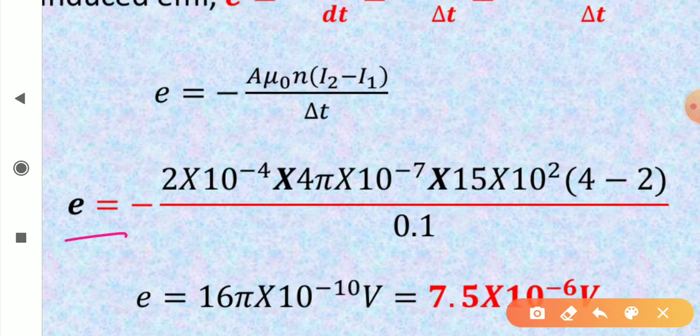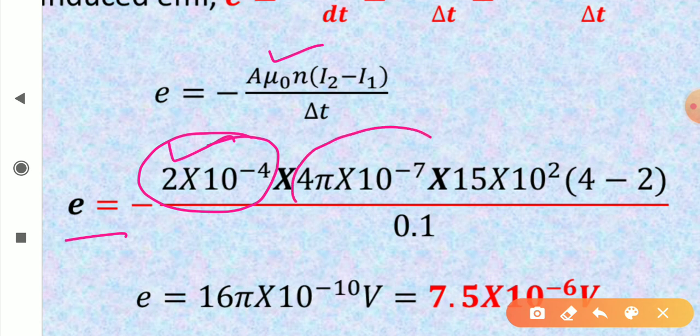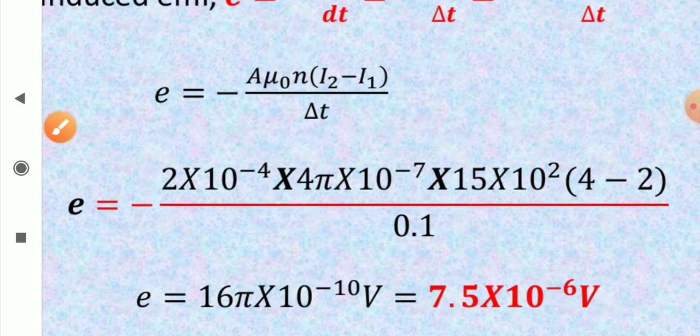See, area is 2 into 10 to the power minus 4. Mu naught, this is permeability of free space, 4 pi into 10 to the power minus 7. Number of turns per unit length, 15 into 10 to the power 2. And the final current was 4 ampere minus 2 ampere.